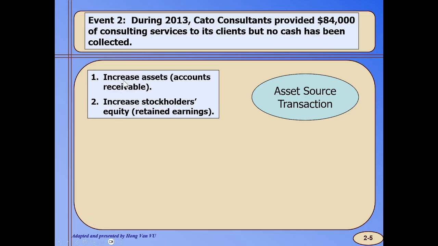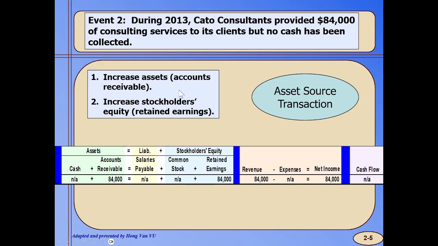Here we can see a new asset account, which we call accounts receivable. For this transaction, the company increased the asset accounts receivable by 84,000, and because we earned the revenue, retained earnings increased by 84,000.